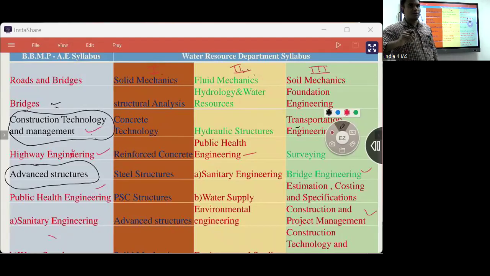What is the coefficient of velocity? 0.97 to 0.98. CC, somewhere around 0.62. CD, coefficient of discharge? It will never go above one. 0.97 itself is the biggest coefficient. And one more thing: what do you mean by coefficient and constant? What is the difference between coefficient and constant?